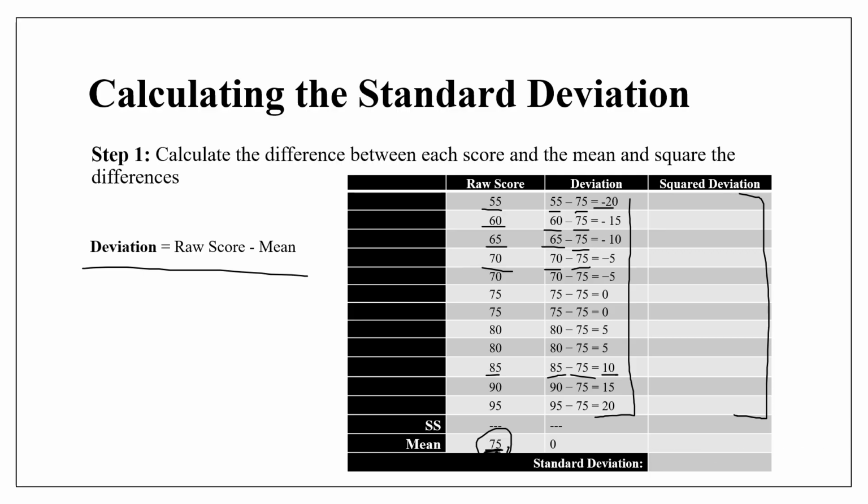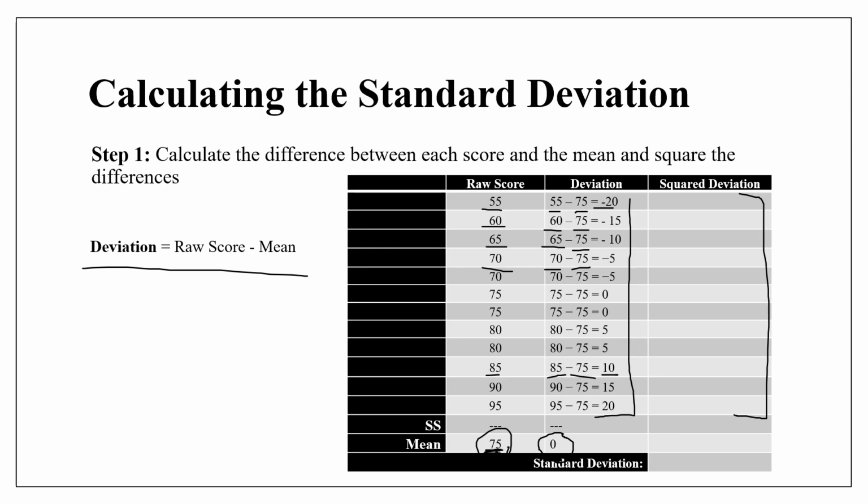You already have the mean of the raw scores, and you can also get the mean of the deviations. Now, here is something that I want to point out. The mean for the deviations will always be equal to 0.